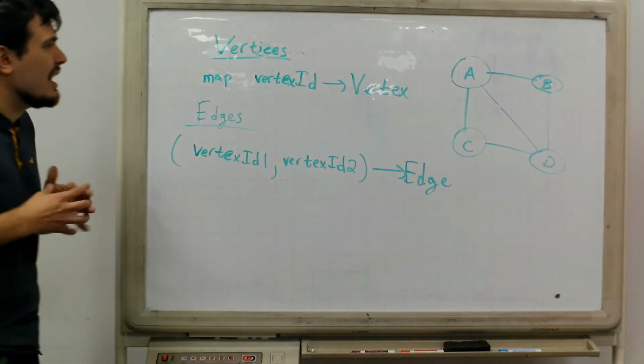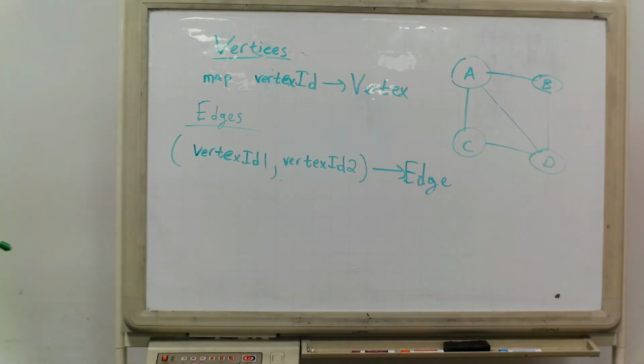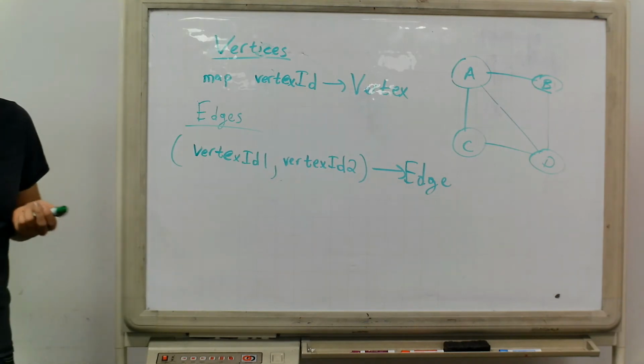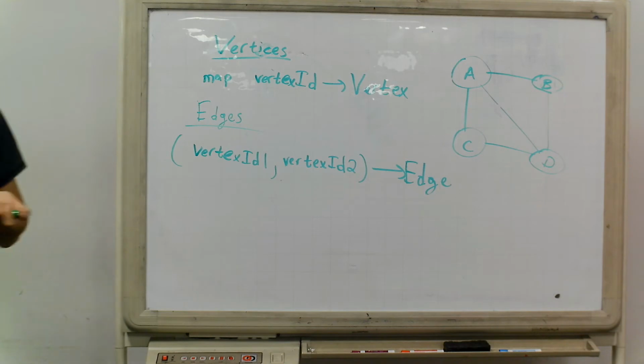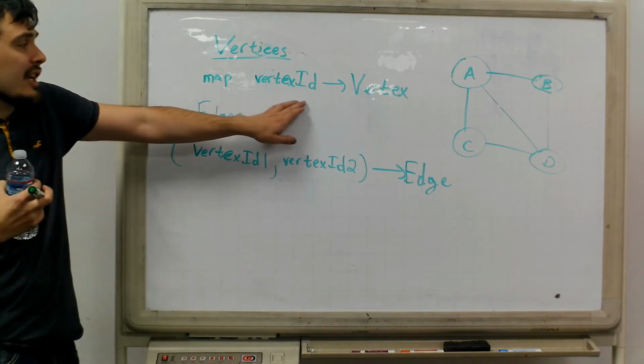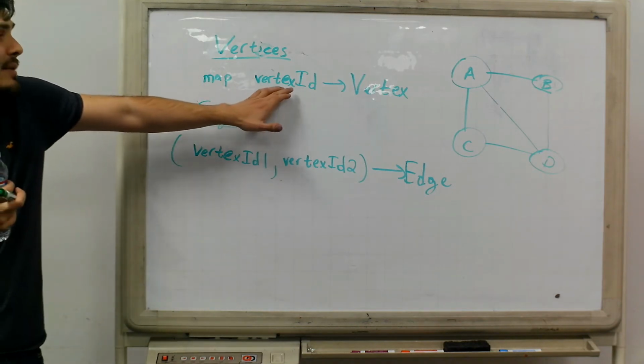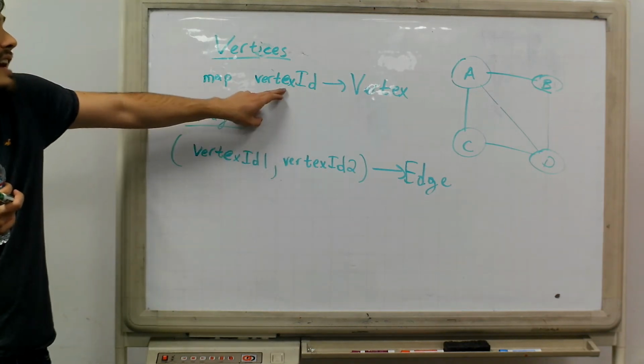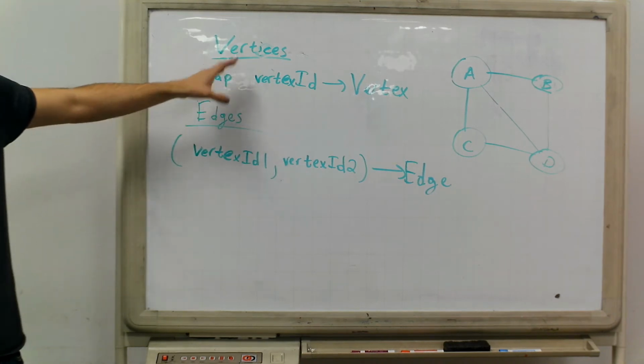So why is this a useful format to know? Primarily because if you were to store a graph in a SQL database, this is probably how it would get stored. You would have a vertices table, right?